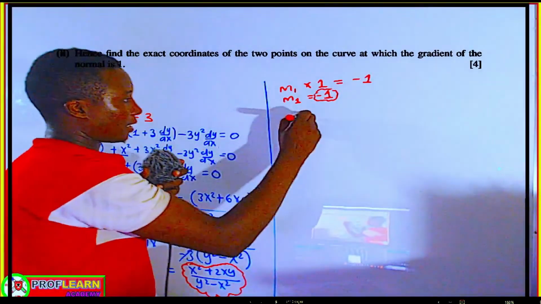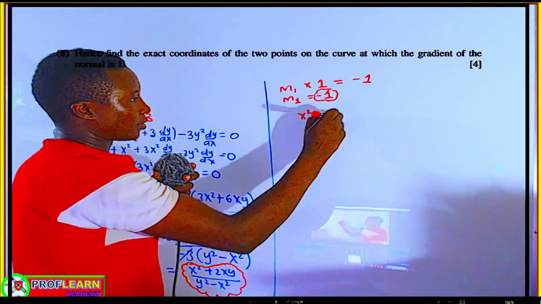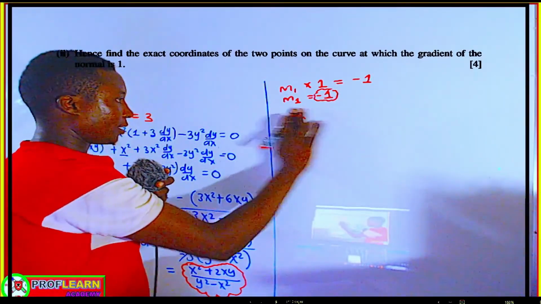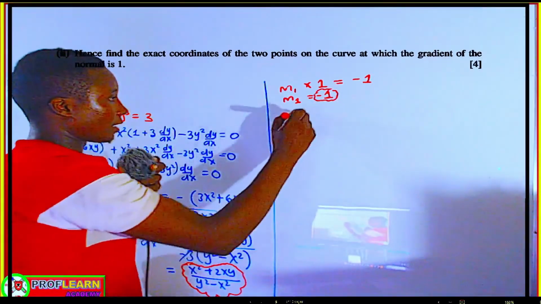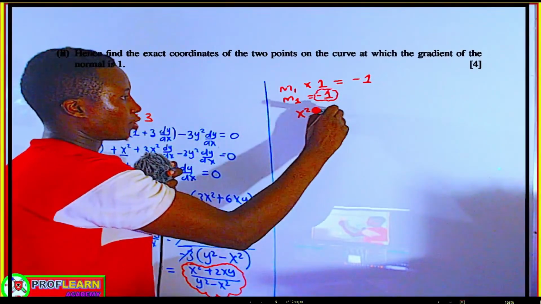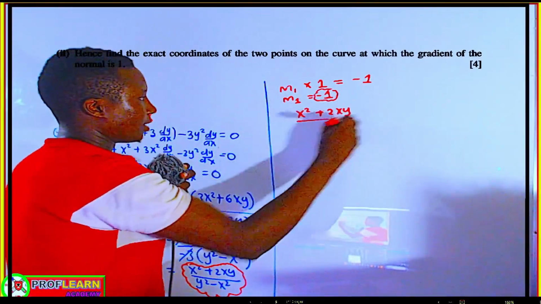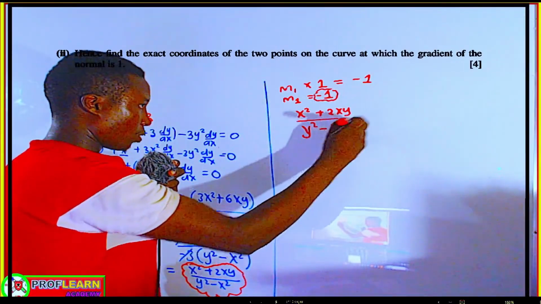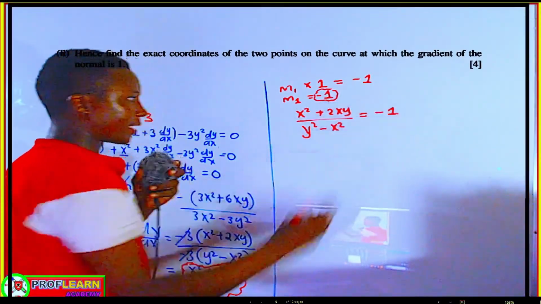So we can now say, okay, this equation is not minus, it's x squared plus 2xy over y squared minus x squared is equal to -1.